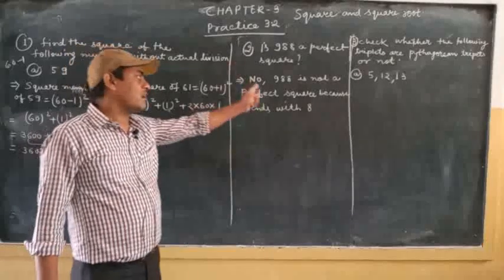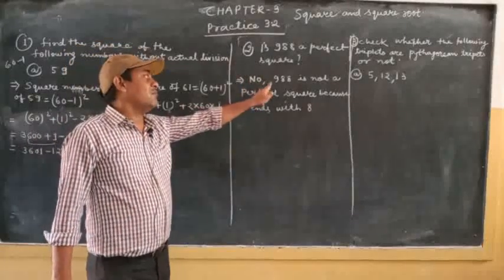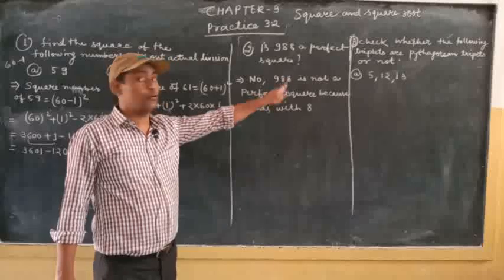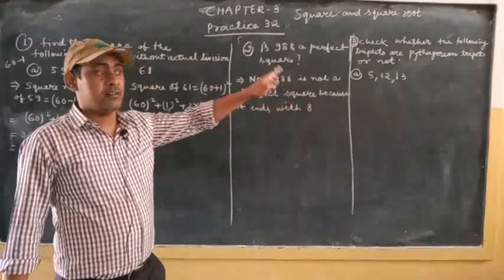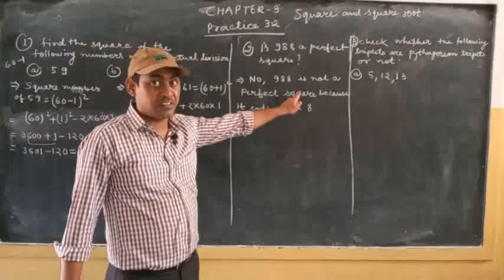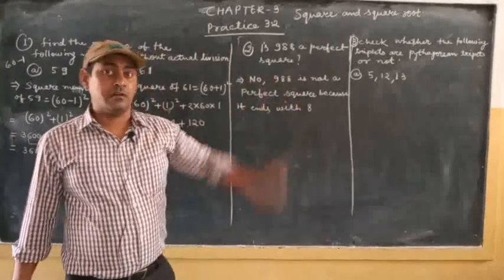Or we can also say that a number having 2, 8, 3, 7 at the unit place will never be a square number.